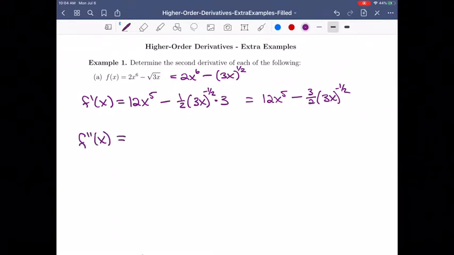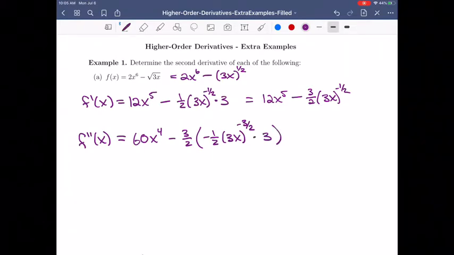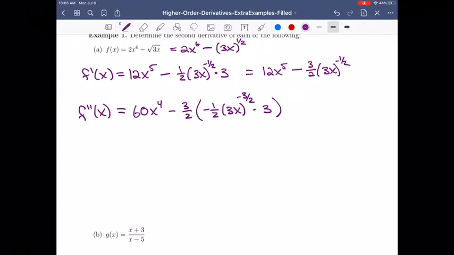So I'm going to do the first bit. 12 times 5 is 60x to the 4 minus 3 over 2 times, now I do the same thing. I bring the negative 1/2 down. I have the 3x to the power 1 less, so negative 3 over 2. And then again, I have to multiply by the derivative of the inside, which is 3. So when I simplify this, I get 60x to the 4.